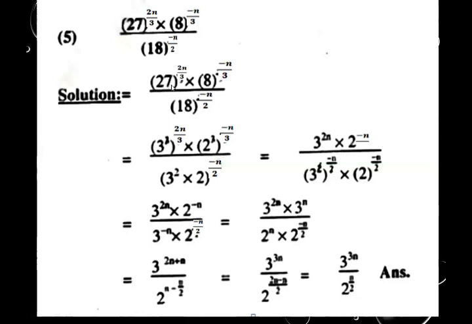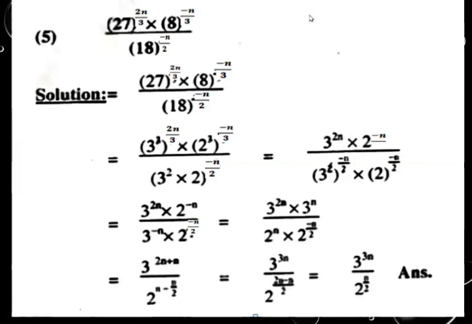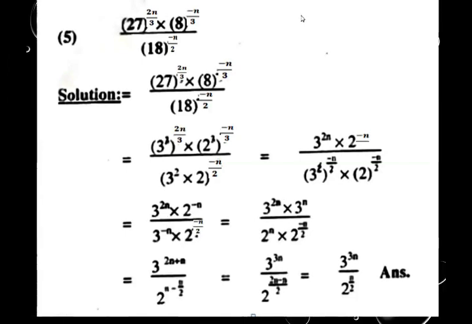When you make the factors of 18, how many times do you get 3? Good, 3 threes are 9 and 9 twos are 18. So the factors are 3 square multiplied by 2, and the overall exponent is minus n over 2 in the denominator. In the next step you can see 3 to the power 3, and the exponent is 2n over 3.